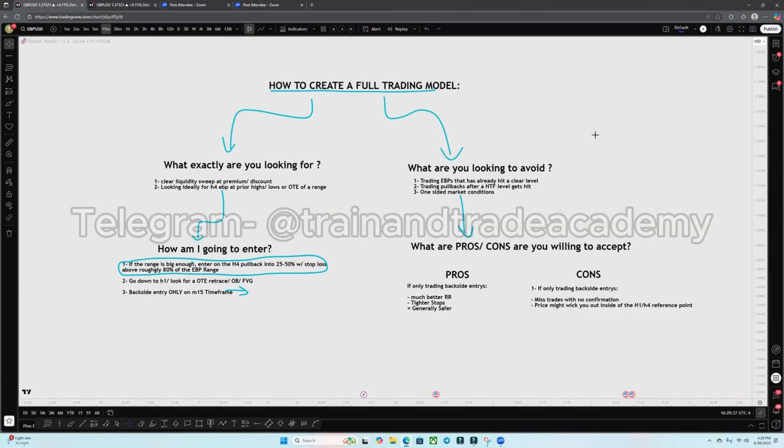The two losses are minus one each, and then that third win was a 3R. I'm up 1R. It's not the best in the world, but at least I end up positive. That's how my approach is. It puts less pressure on me. But someone else might prefer, and a lot of people I know prefer, higher win rates because it helps them with their confidence. It helps them feel better about their trading, and that is a pro. So everyone, this is going to be different for every single one of you.